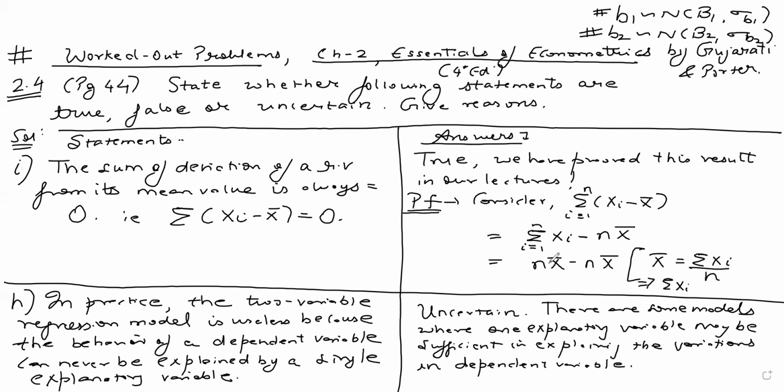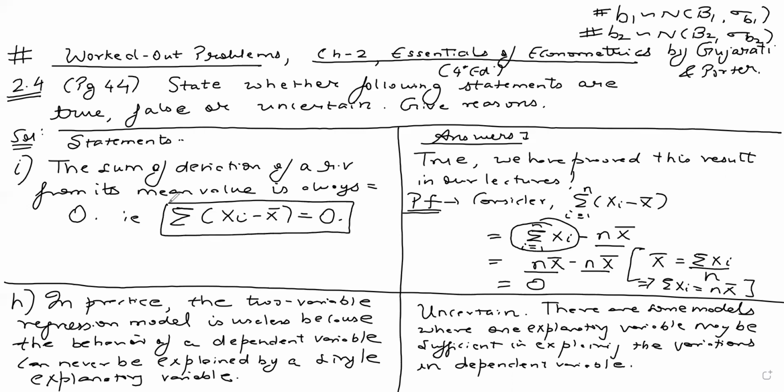So summation xi is n x bar, and n x bar minus n x bar is 0. We have even done this proof in our main lectures, but I've just quickly revised it. The sum of the deviation of a random variable from its mean value will always be equal to 0. So it's a true statement.